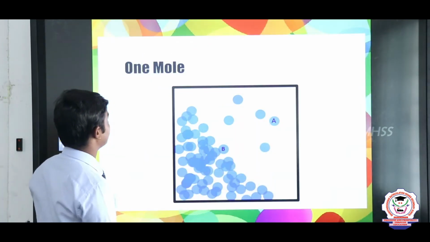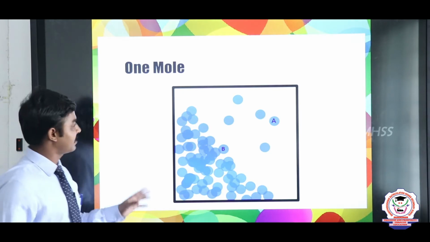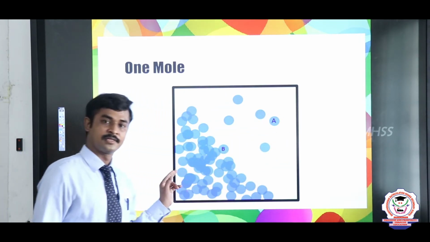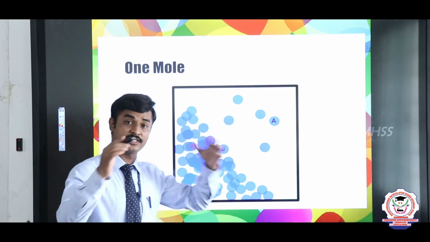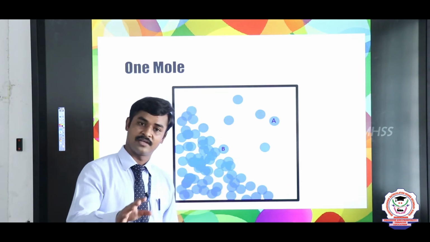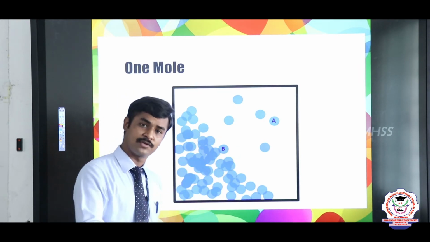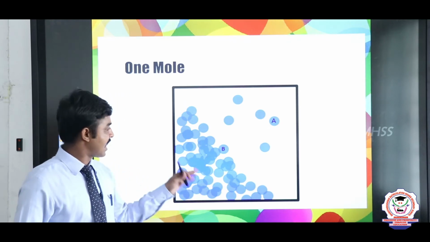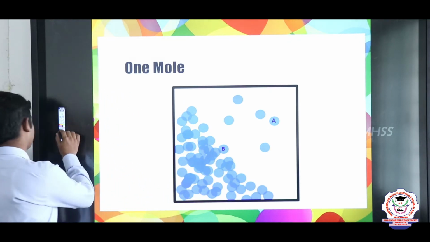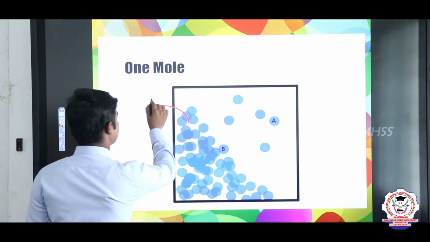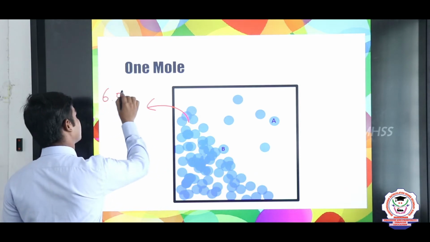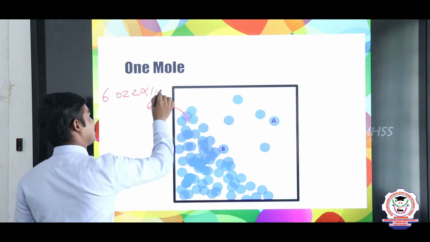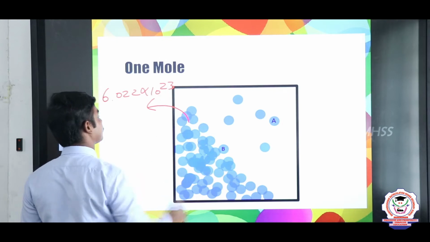So, atomic weight is determined by the particles in 1 mole. Let us see here: if I take a chamber that contains 1 mole of any substance, that may be atoms or molecules. If you have atoms, there will be 6.022 into 10 to the power of 23.